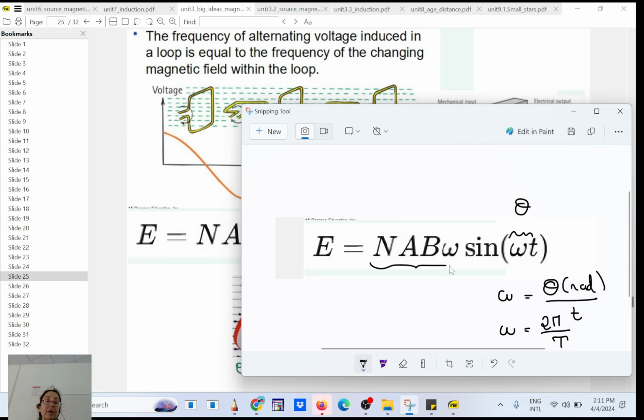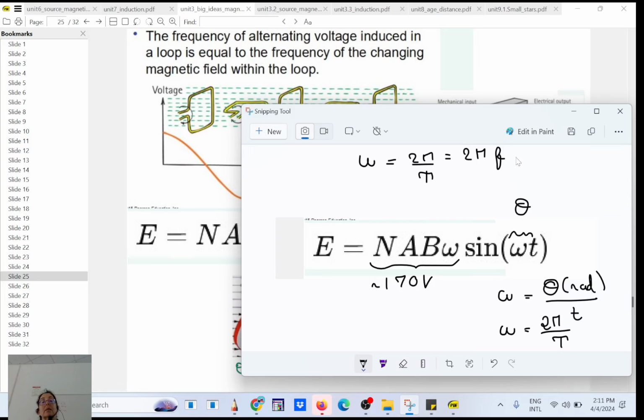That peak voltage here for us in the US is about 170 volt. In the US, omega for one revolution is going to be 2 pi over the period, which is the same as 2 pi times the frequency.